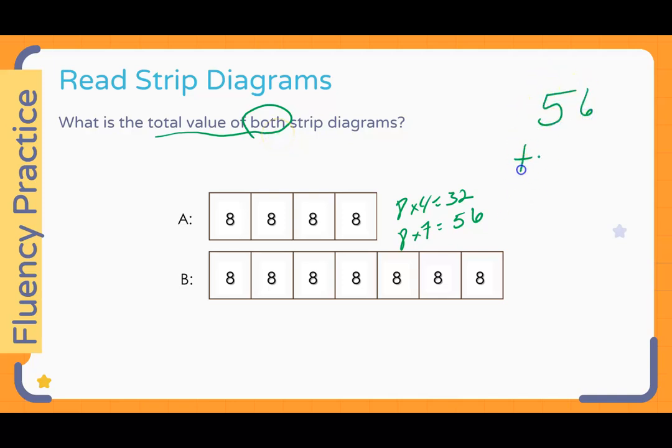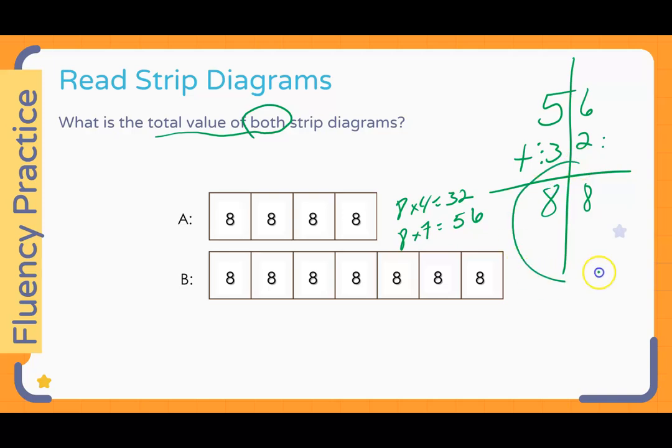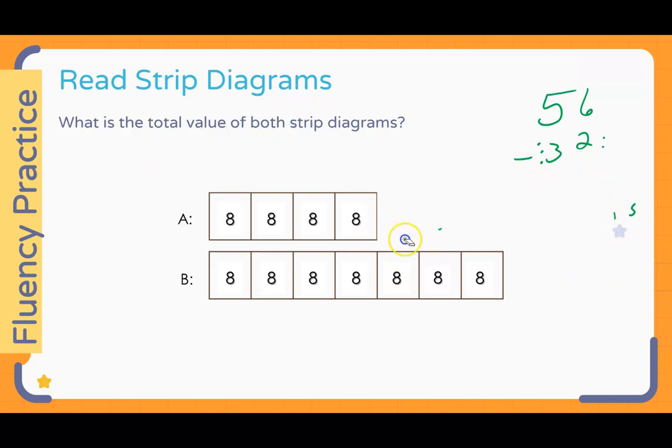So 56 plus 32, 6, 7, 8, 5, 6, 7, 8, 88. 88 what? Units. Okay.